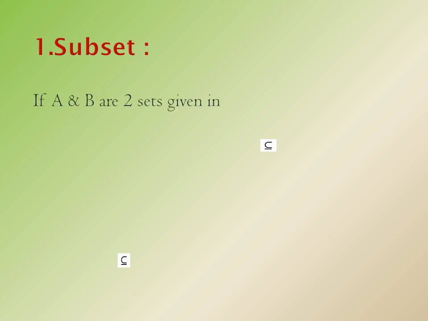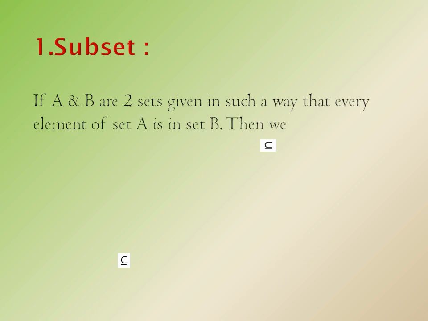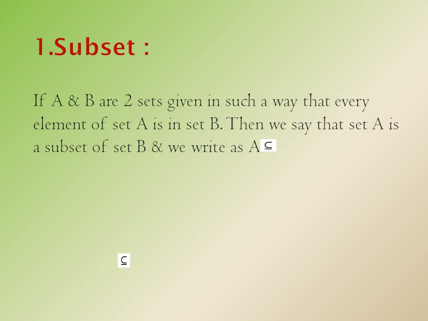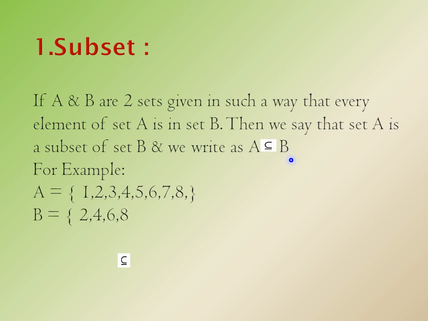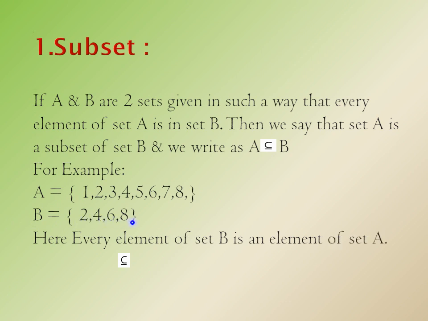If A and B are two sets given in such a way that every element of set A is in set B, then we say that set A is a subset of set B, and we write it as A ⊂ B. Here you can see the subset symbol. For example, set A = {1 to 8} and set B = {2, 4, 6, 8}.